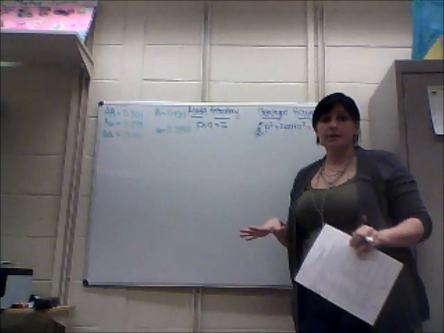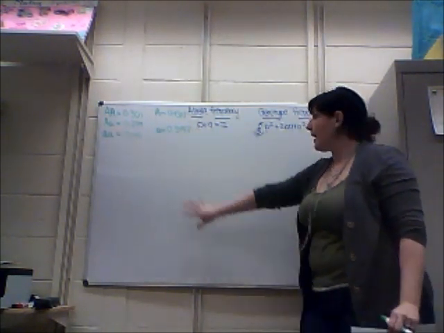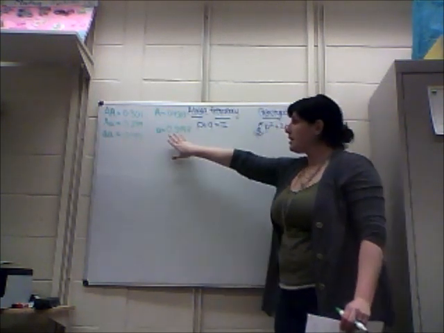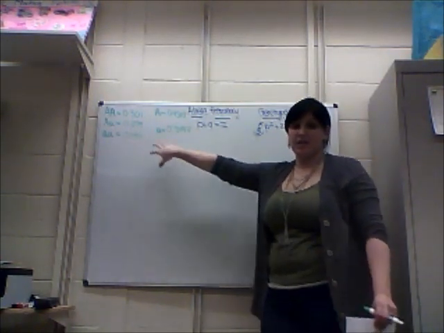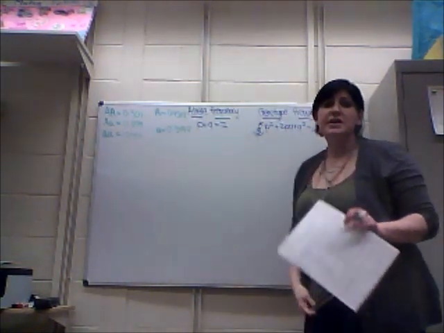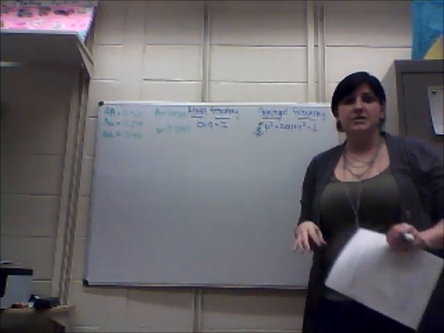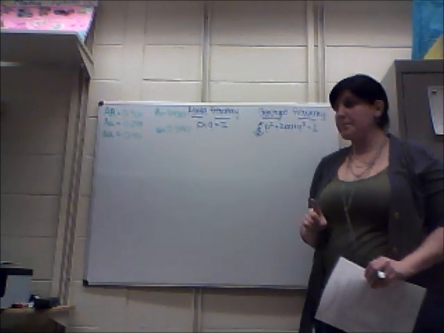I'm writing really big so that you guys can see this, but basically what I did was I just erased all that work, and then I rewrote our actual genotype frequencies and the allele frequencies that we just found up here. So I saved those because we need those. So what we're going to do now is we're going to calculate our expected genotype frequencies if the population was at Hardy-Weinberg equilibrium.